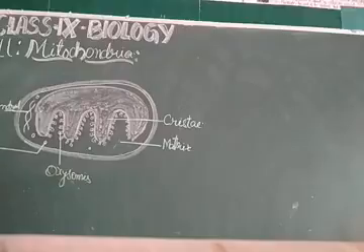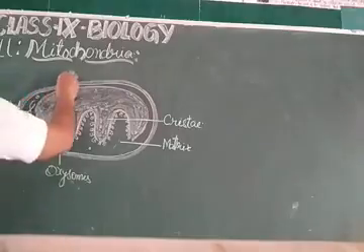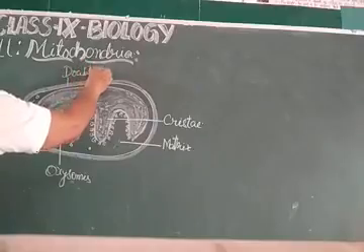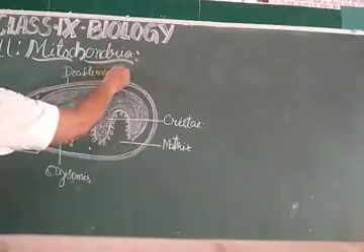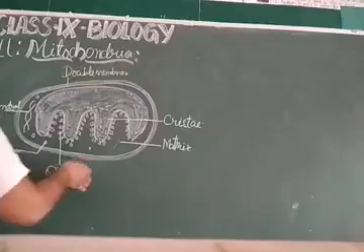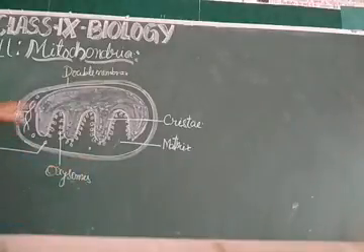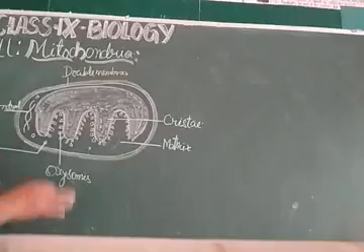So mitochondria is a double membranous structure suspended in the cytoplasm, and it has its own DNA and ribosomes.